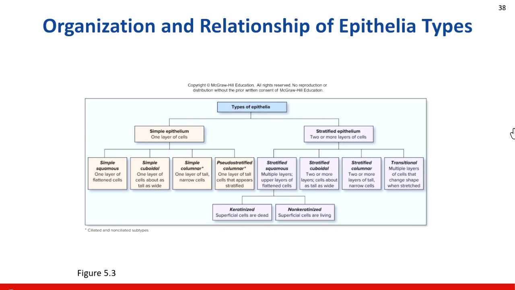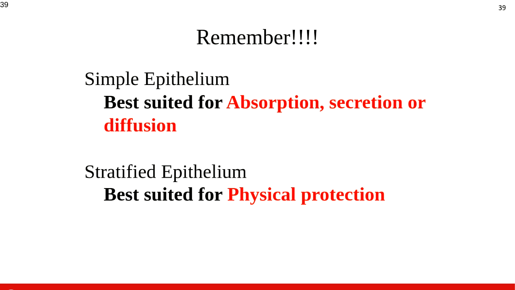So when we're dealing with epithelium, one of the simple rules that I tell folks: simple epithelium, one cell layer thick, is going to be seen in tissues that are meant for absorption, secretion, or diffusion. Stratified, many layers, is best for physical protection. Simple rule, commit it to memory, okay? It'll be very helpful if you do that.